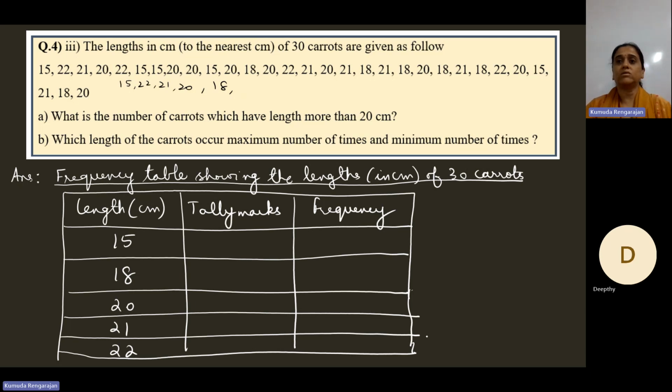Yeah, now look at the board. Now 15. See here, stop writing. 15, 22, 21. Yeah, tell me the next number. 20. Next number. Yes. Loud, loud.